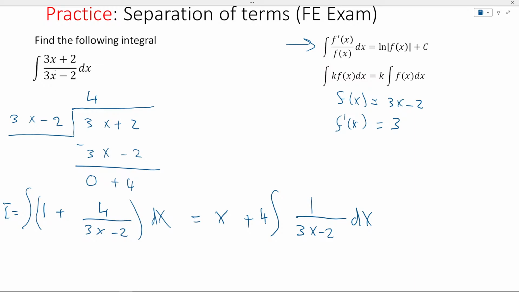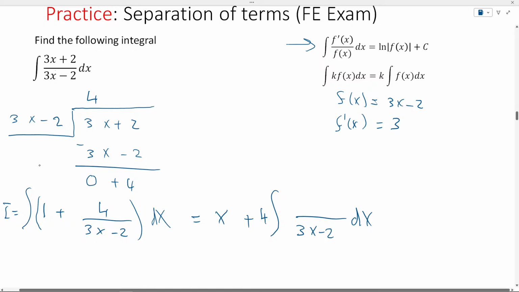But this is not a problem, because I can do a trick. I can put a 3 here and divide everything by 3. That's just a trick, because this can cancel with this, and then I get a 1 here. So when you see something like 1 over something, just do this trick.